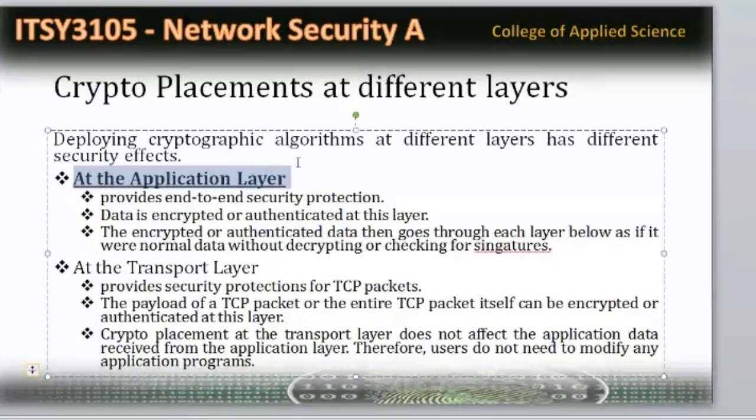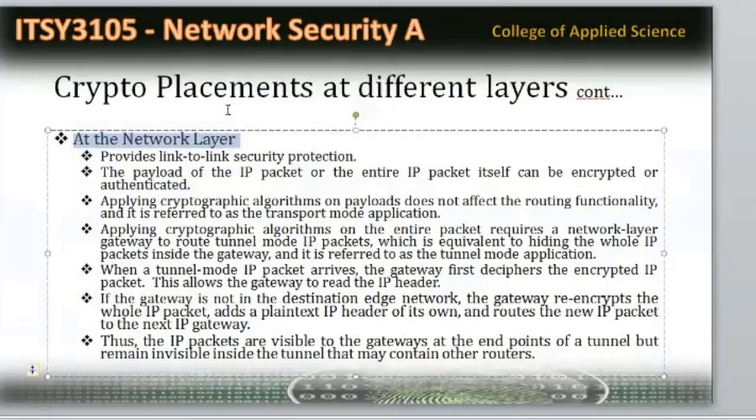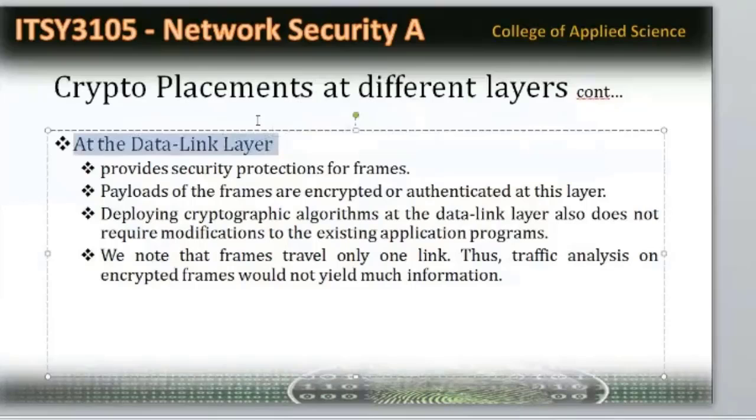In the transport layer, you can have cryptographic systems. Then in the network layer, you can have cryptographic systems. Then in the data link layer, you can have cryptographic systems. So you can place the cryptographic algorithms in different layers.